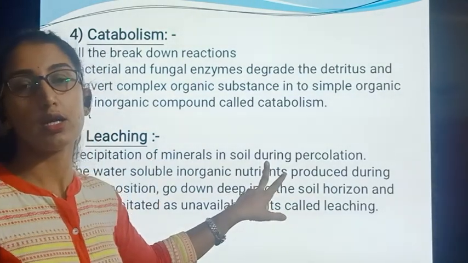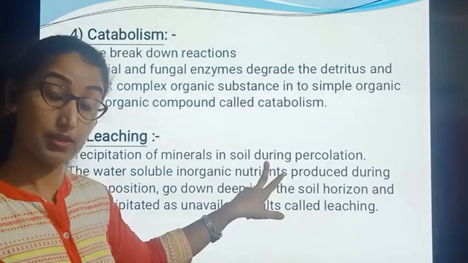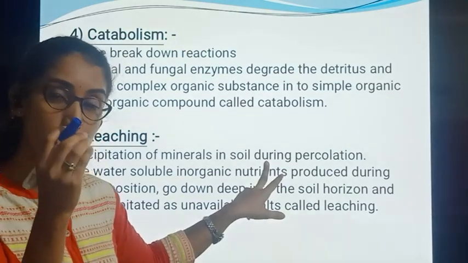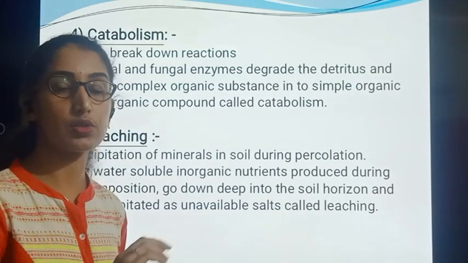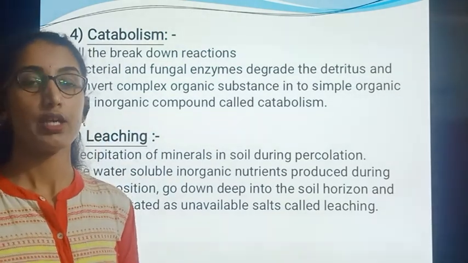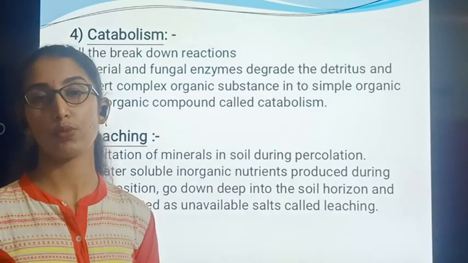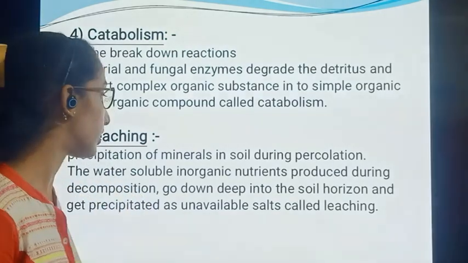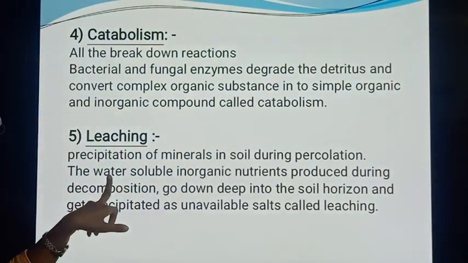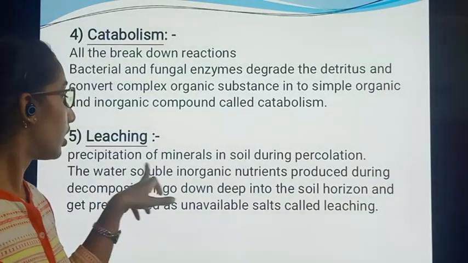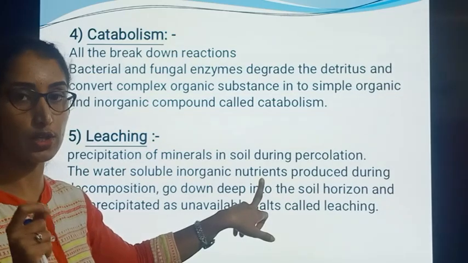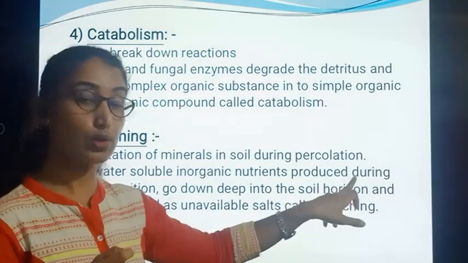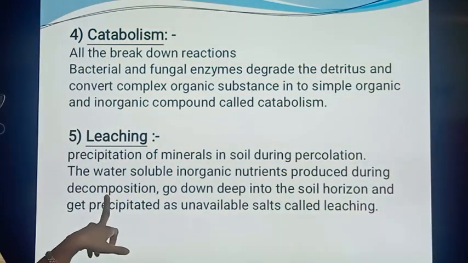After mineralization, that means after the release of the minerals, these minerals will percolate into the soil. Some of the minerals will be dissolved by water, or they are soluble inorganic nutrients produced during decomposition.